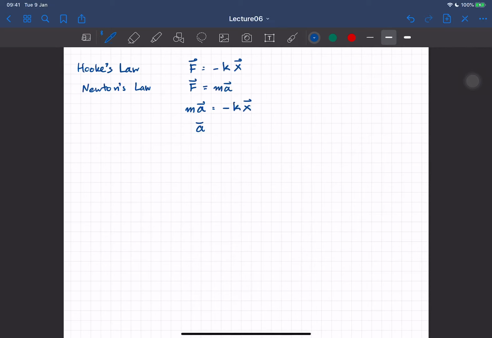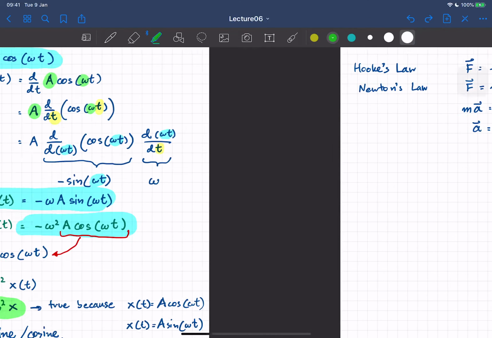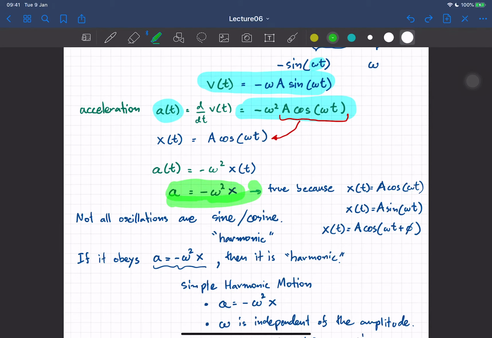And if you rearrange a little bit, you have this equation, which is acceleration is minus some constant times the displacement. If you compare this to the equation for simple harmonic motion, it looks exactly the same.